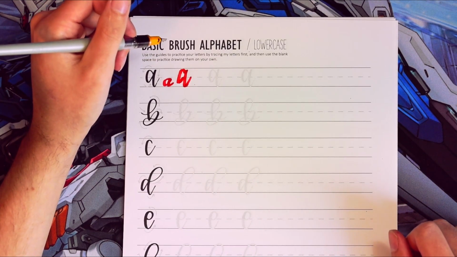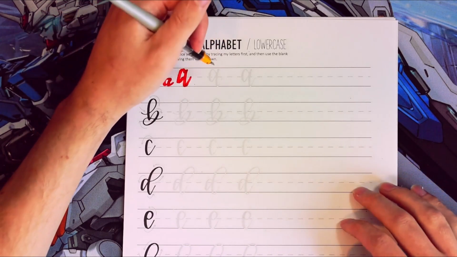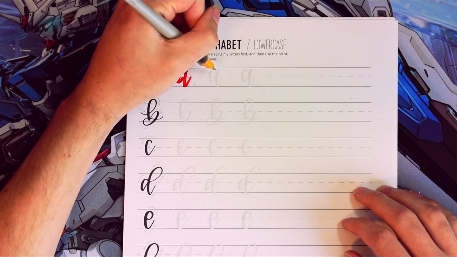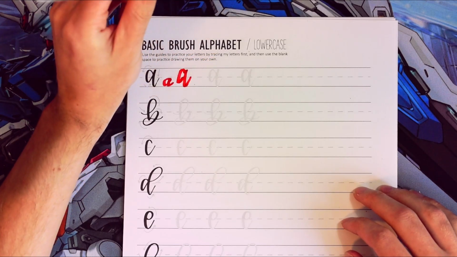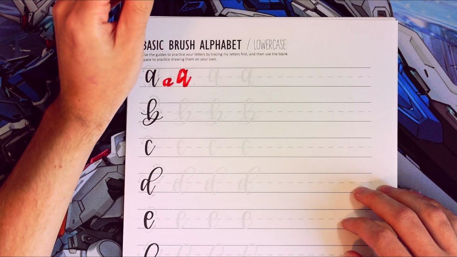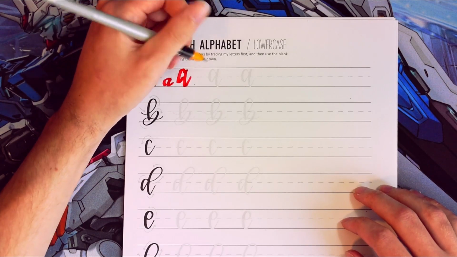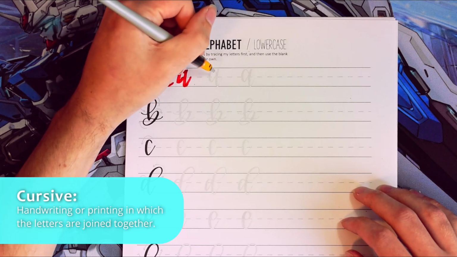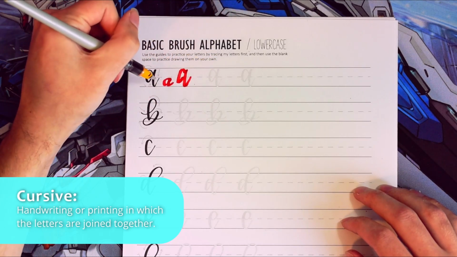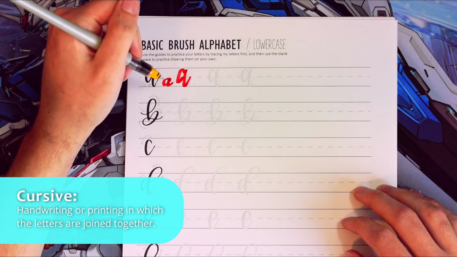And while I continue to practice here, let us look at the definition of both those words. So we have cursive and calligraphy. And cursive, which is listed in my American Heritage Dictionary, is designated as handwriting or printing in which the letters are joined together.